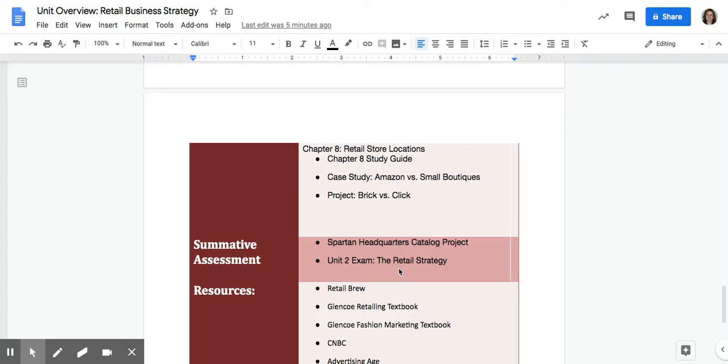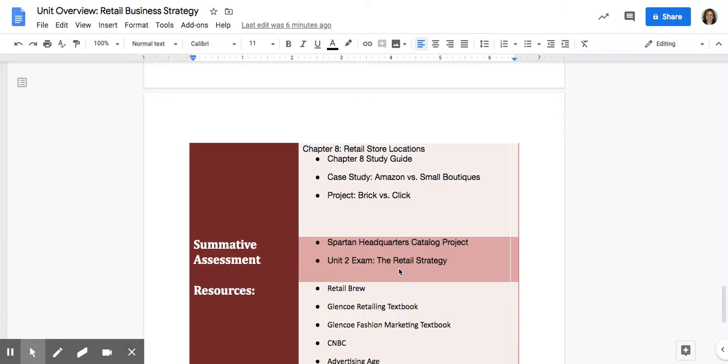Then they create it. It used to be a physical catalog project, but now it's an online catalog project. So not only is it incorporating that school-based enterprise side of things, but it's also their way of demonstrating their knowledge of our retail business strategy.